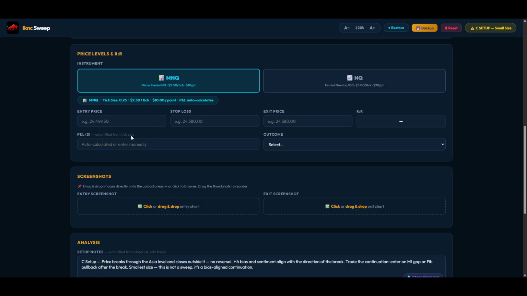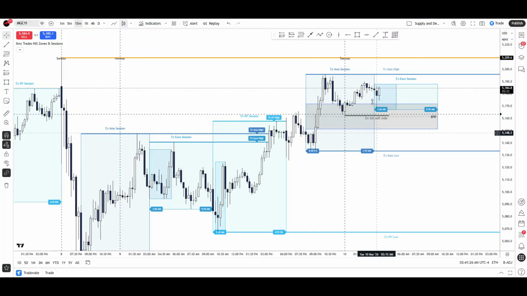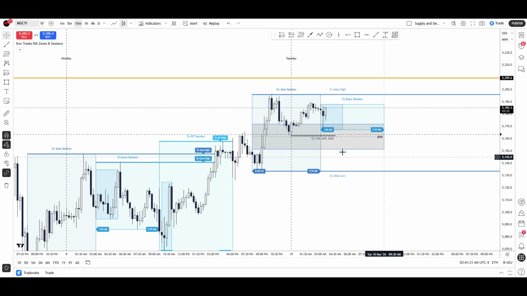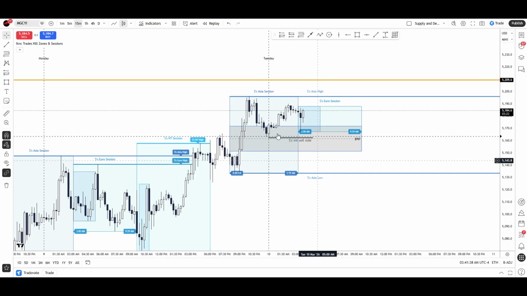And I'll see where I actually got into that trade. Let's go back. That thing's pushing up. And if I don't see anything, if I don't enter into this market, then I'll come back a little bit later. Okay.